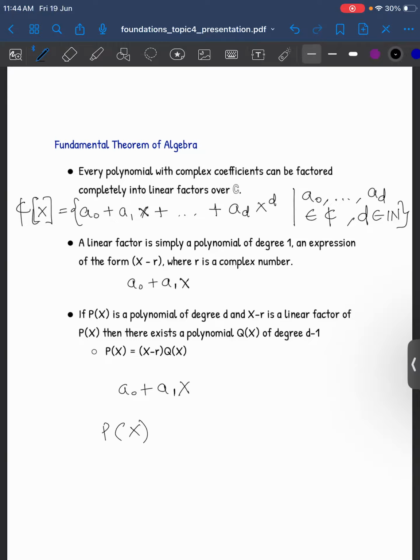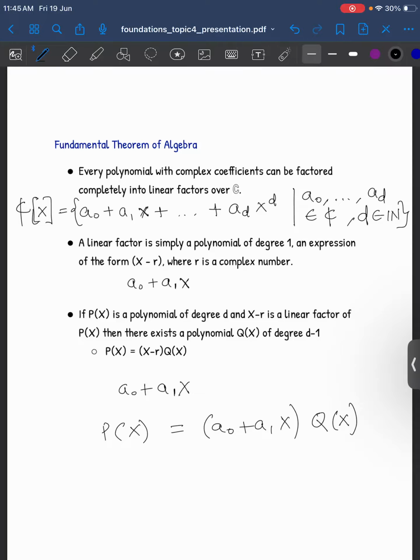This is because a factor means that the linear polynomial divides p of x completely. So when you divide, there will be no remainder, and so you can write this expression where p of x is a0 plus a1x multiplied by q of x, where the degree of q of x is exactly d minus 1, assuming that p of x is a degree d polynomial.